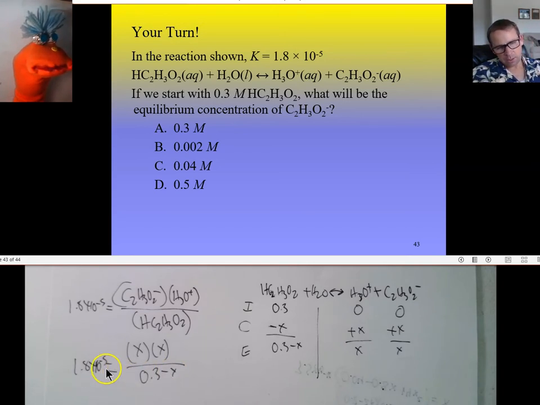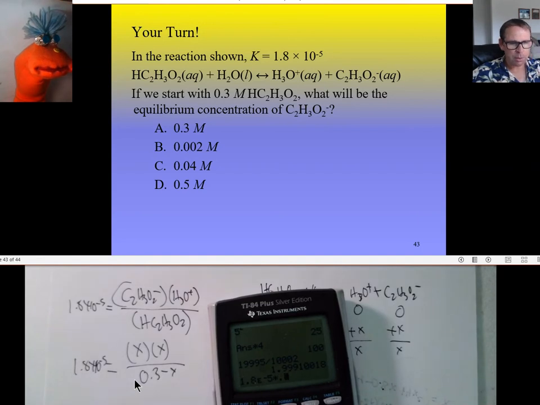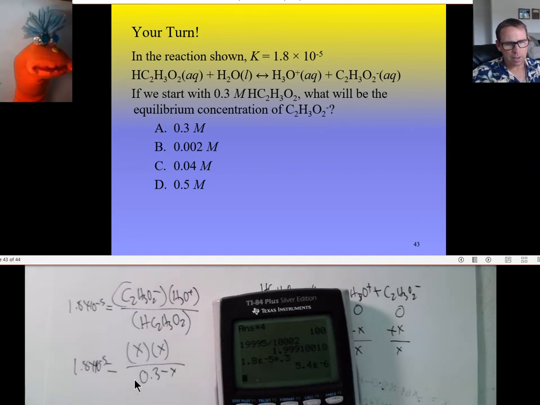So then we just take 1.8 times 10 to the minus 5 times 0.3, and that's 5.4 times 10 to the minus 6.